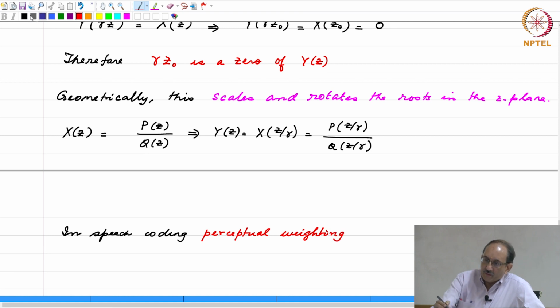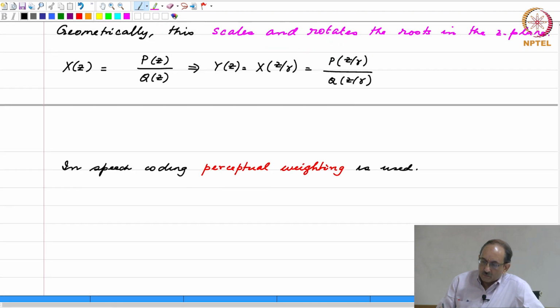So, perceptual weighting is used, and the motivation for this is, after all, for coded speech, the final judge of what has been coded is your ear, and the ear has some special properties.